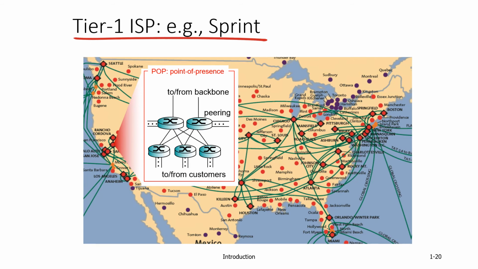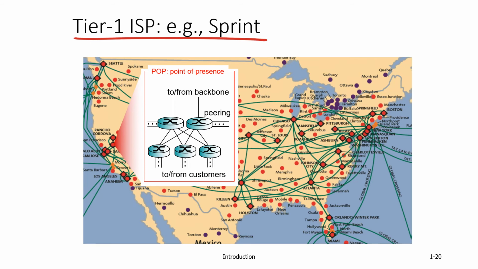This is an example of Sprint network in the US. Okay, this is directly copied from the book. We have a point of presence or POP that is present in all the major cities of the US. We are talking about this service provider Sprint. So you can see from this particular diagram, the bottom three routers at each point of presence are connected directly to the customers.